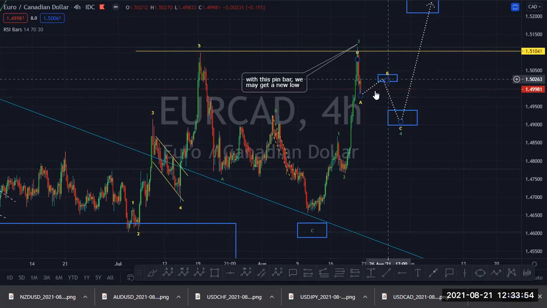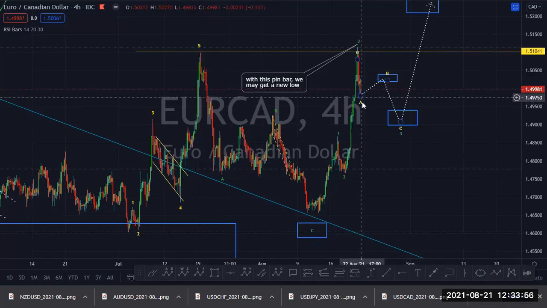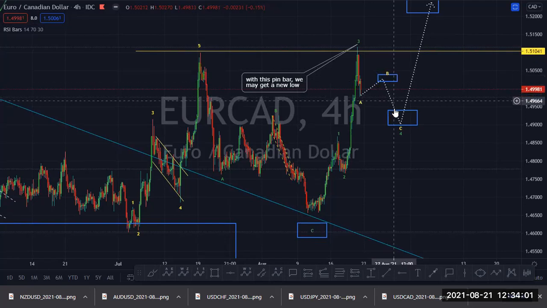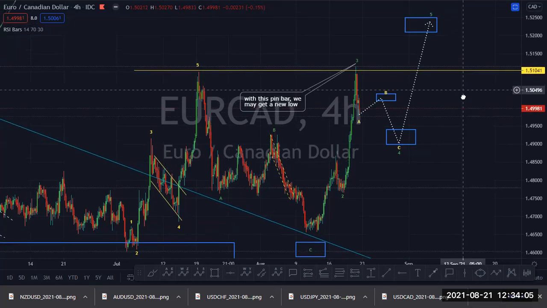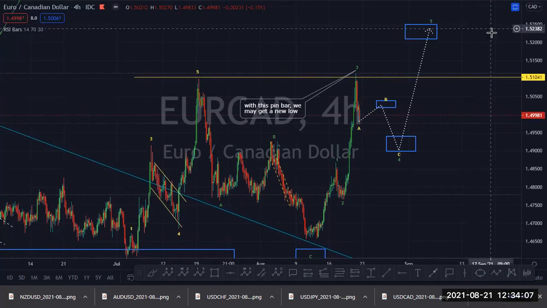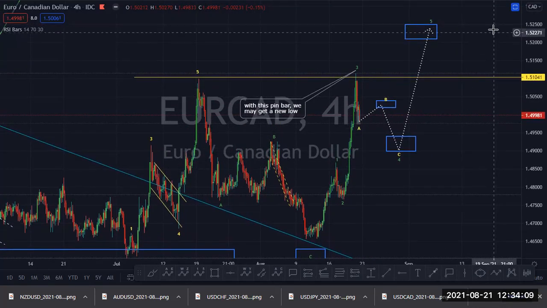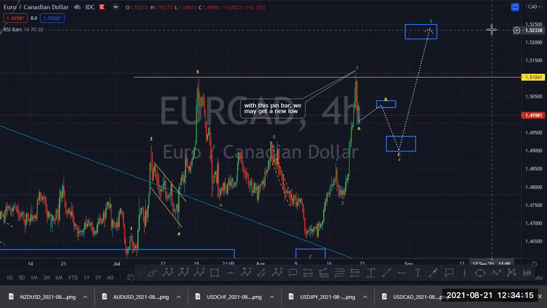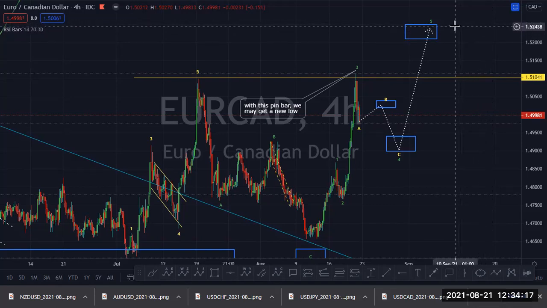I will trade with C. If I get a corrective move up, I will sell this and I will buy this. We expect it to come to 1.52, 1.521, 1.522. This is the level we expect.